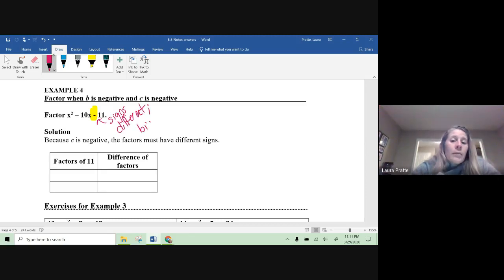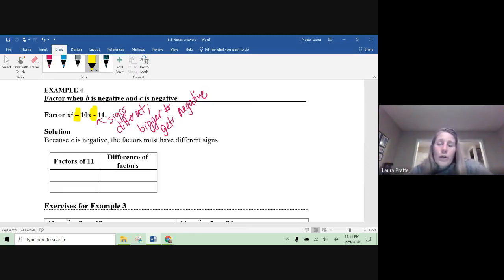But this time, the bigger number gets the negative because there's a negative on your middle term. So just like the last set, the signs will be opposite, 1 plus, 1 minus. Last time, the bigger number was always positive because we had a plus on the middle term. But this time, since our middle term is negative, the bigger number will always get the negative.